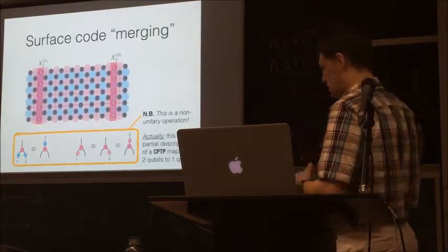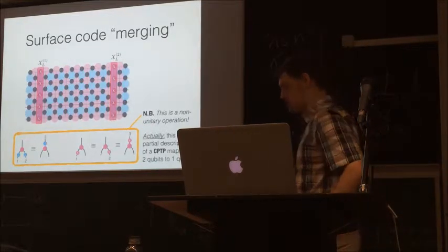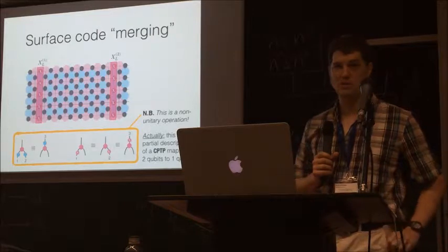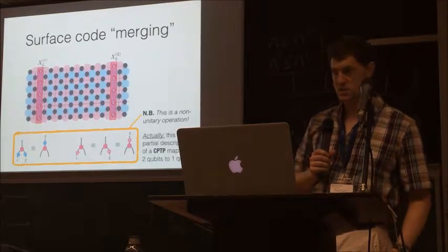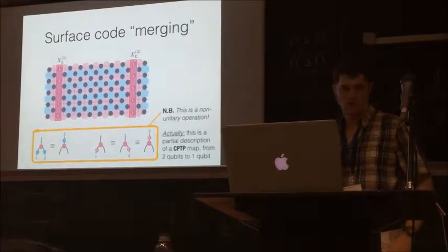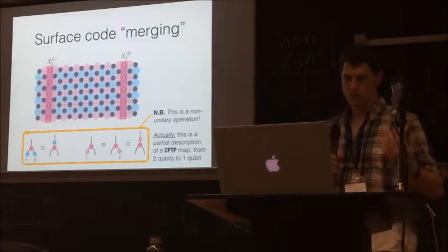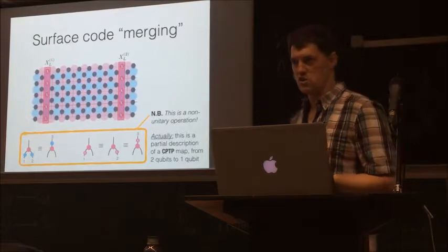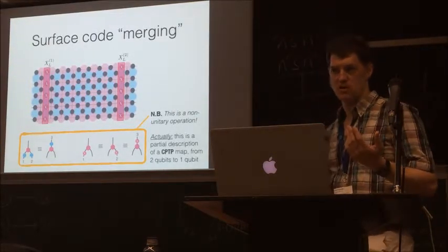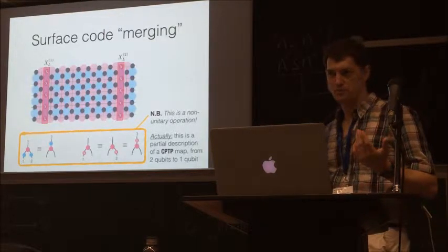So this is a partial description of what's called a CPTP map. Completely positive, just meaning that it maps density operators to density operators. And trace preserving, which is to say that it preserves probability. It's a well-known and well-understood generalization of unitary transformations that corresponds to all of those operations that are valid under quantum mechanics in principle.